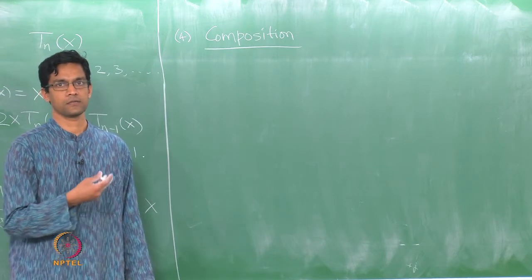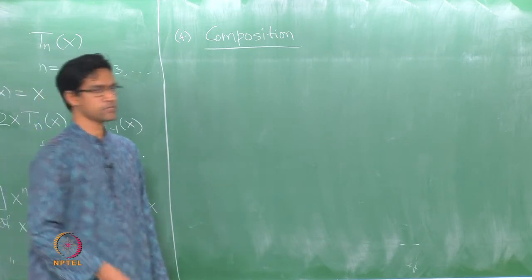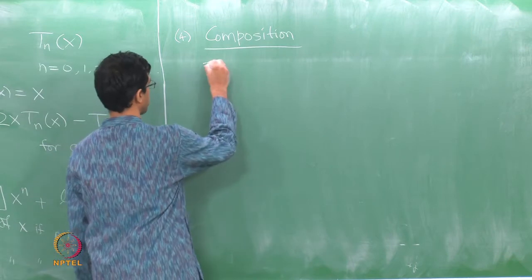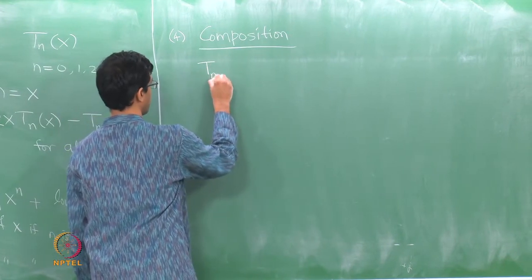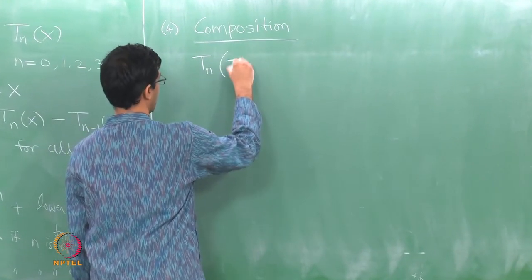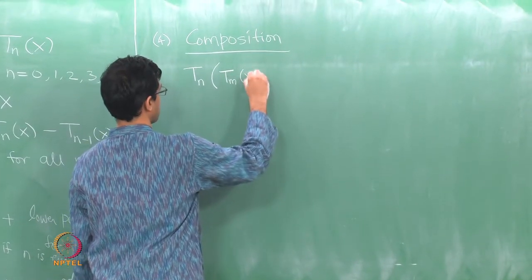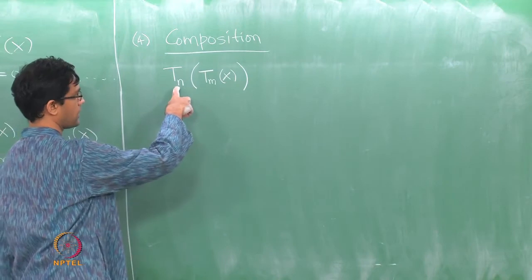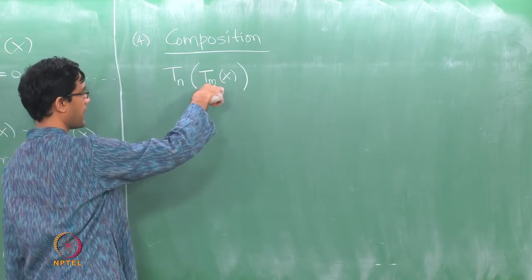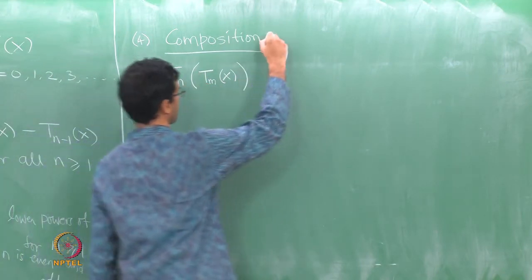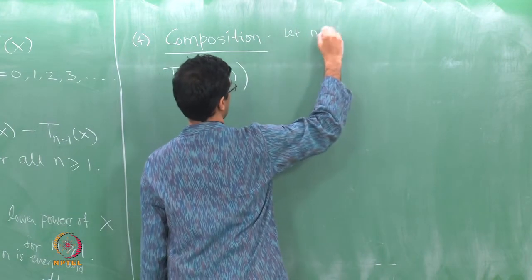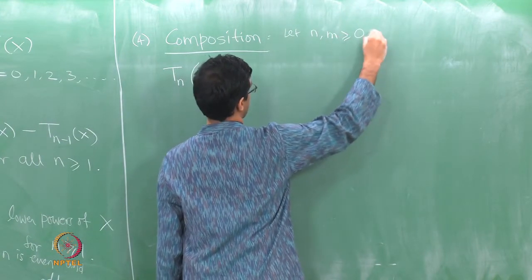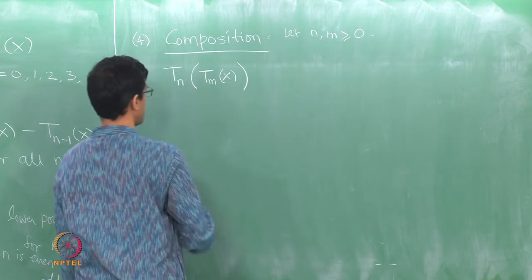But the thing with the Chebyshev polynomials is, if you take the Chebyshev polynomial Tn and you compose it with the Chebyshev polynomial Tm, so this is a degree n polynomial which you are composing with a degree m polynomial. So what are n and m here? They are just greater than or equal to 0.